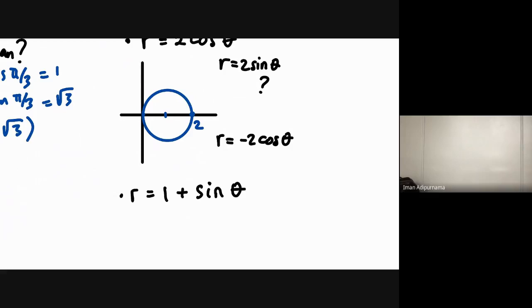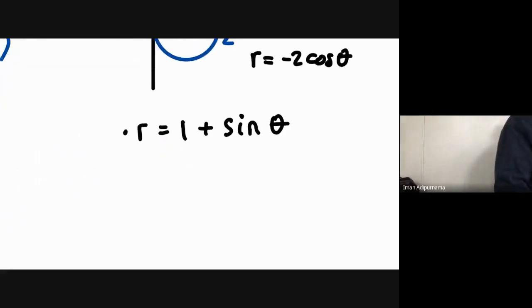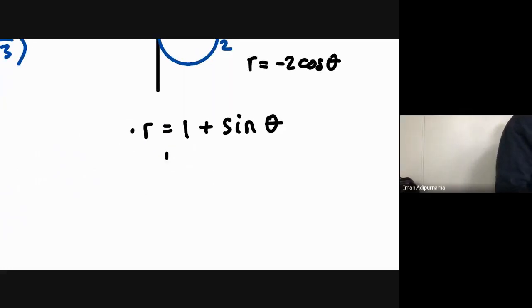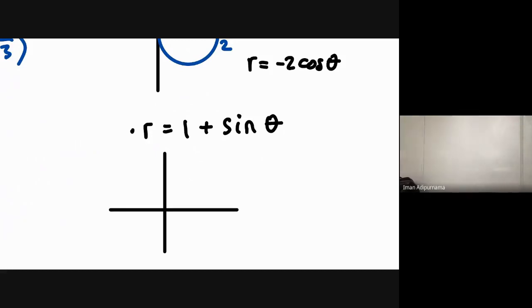If we try to draw this curve, we can start from 0 or maybe from pi over 2, the easy one. Sine of pi over 2 is 1, so 1 plus 1 is 2. So pi over 2 is here, right?